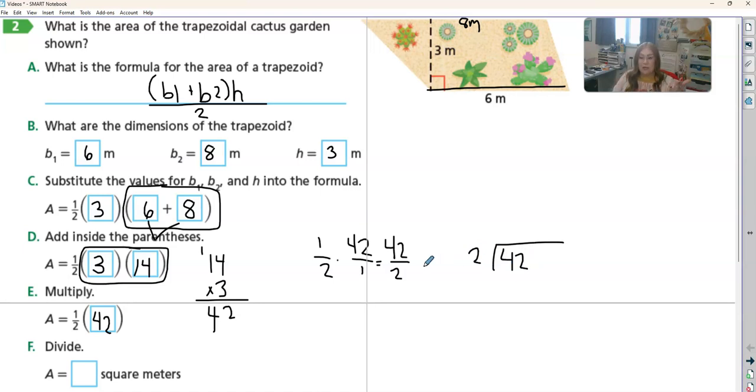So we're just taking 42 and I want half of 42, and that answer is going to be here in F. And then it's square meters, which I already put the label there for you. So add your bases, base 1, base 2, add it together to make one big parallelogram. Times it by how high it is to find the area of the parallelogram, then cut it in half to get back to your trapezoid.